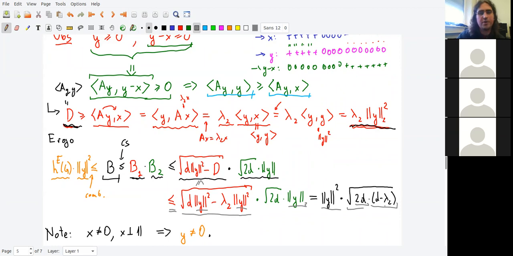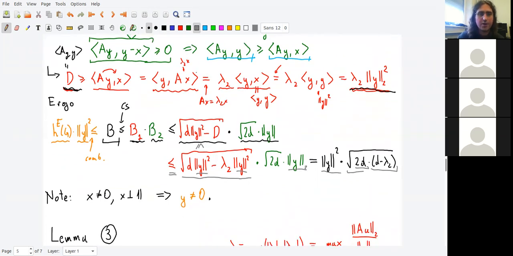So there's one more detail here that needs to be argued, because in order to get the final inequality, I actually need to divide both sides by the norm of y squared. And for this to work, I need to make sure that this is a non-zero vector. But observe that x was non-zero.